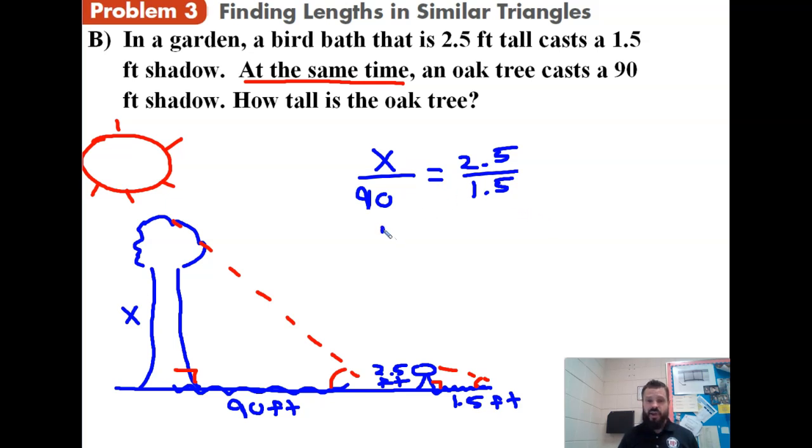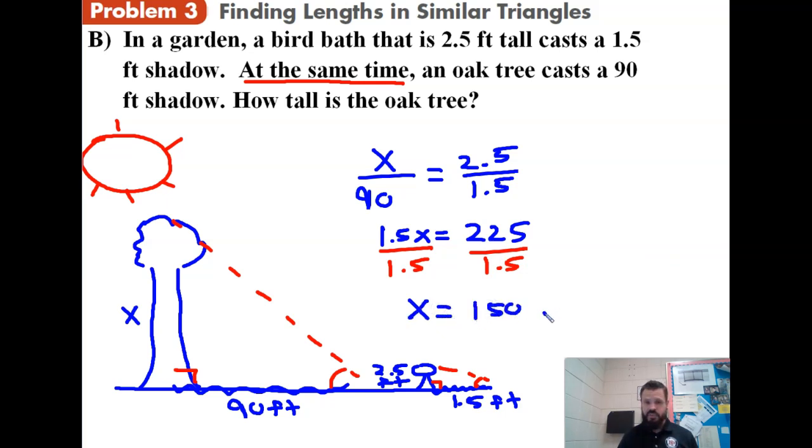X times 1.5 is 1.5x is equal to 90 times 2.5, which will give us a 225. All right, divide both sides by the 1.5. And that leaves us with x is equal to 150 feet tall for the oak tree.